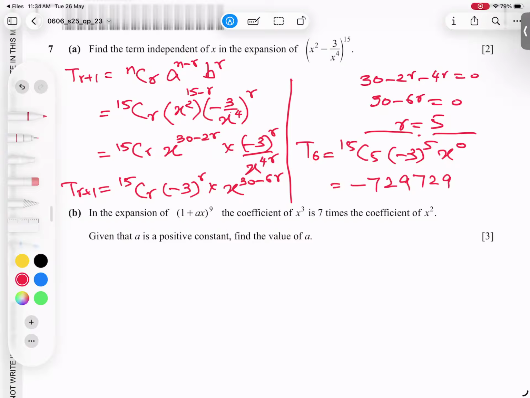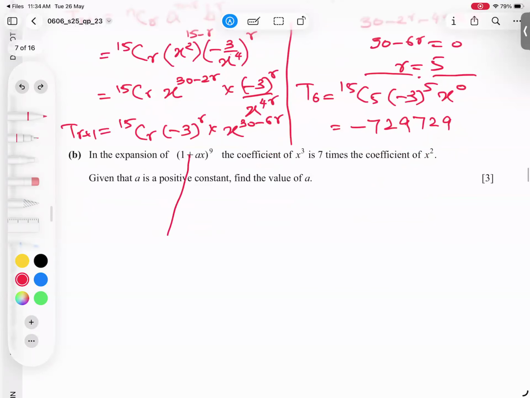Okay, next part B. In this expansion, coefficient of x cube is 7 times coefficient of x square. So it means I will expand it and look at here 1. So here only x involved. Just for sake of understanding, if I open 9C1, I have 1 to power 9 minus 1 and 1 ax to power 1.